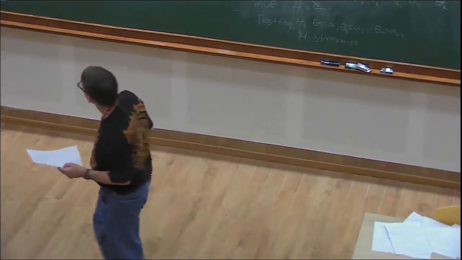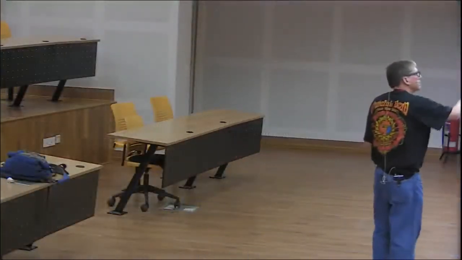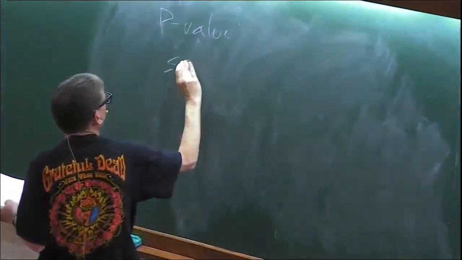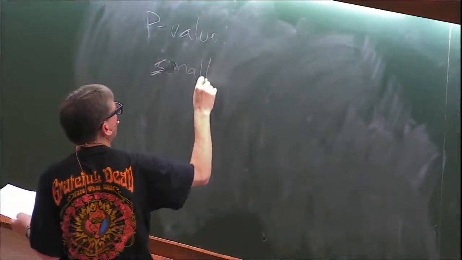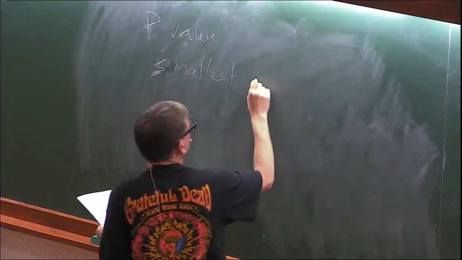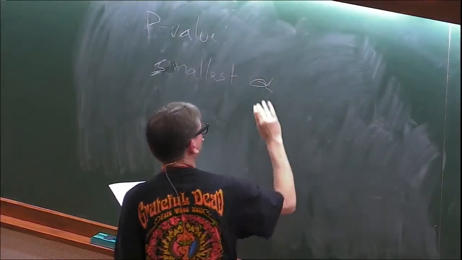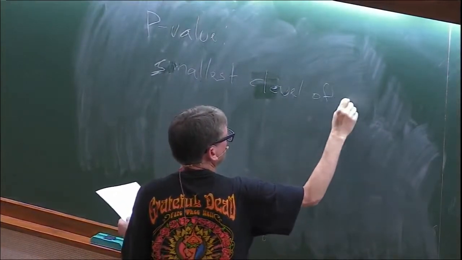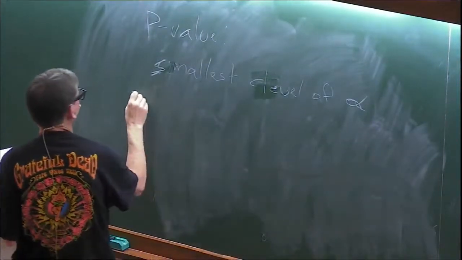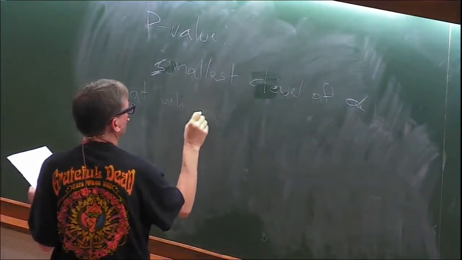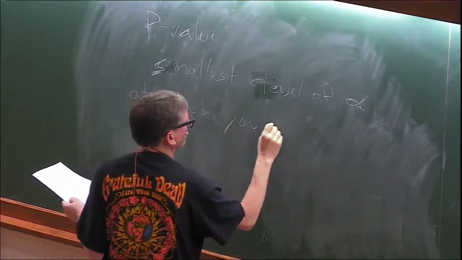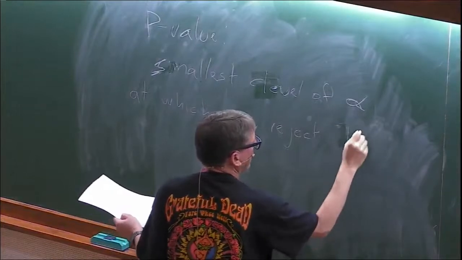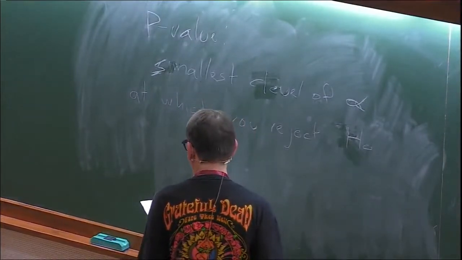The p-value is the smallest level of alpha at which you reject H0.